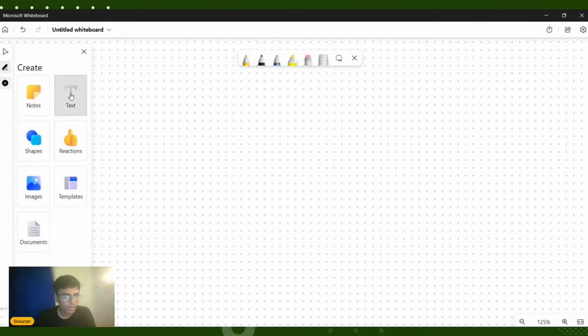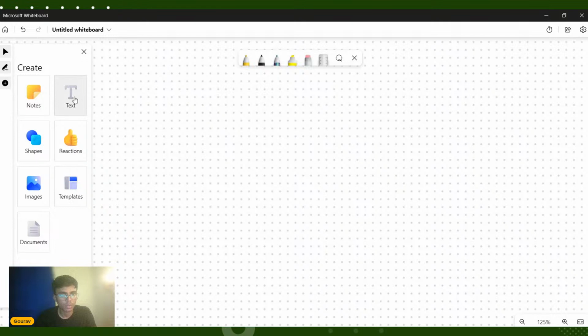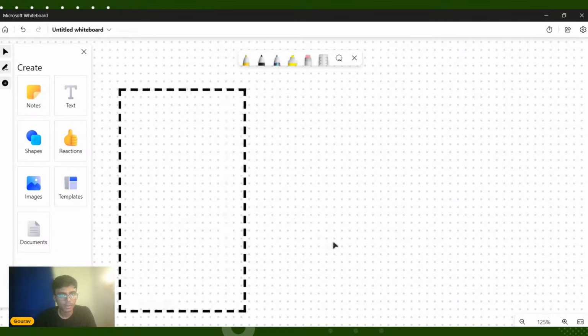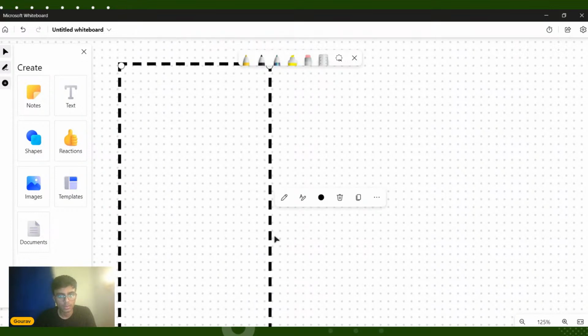Let me include a text box here. I can increase the size of the text box. Can I increase the length also?